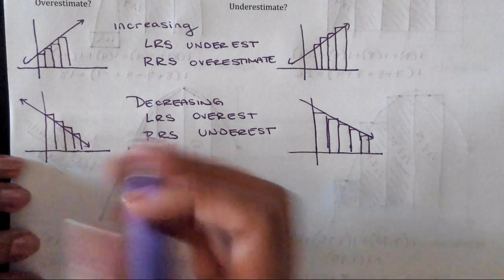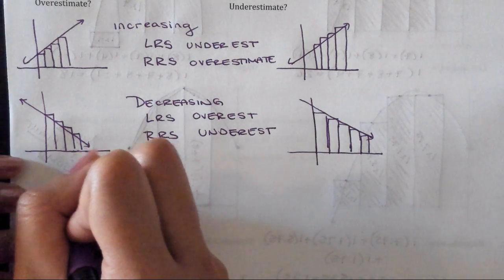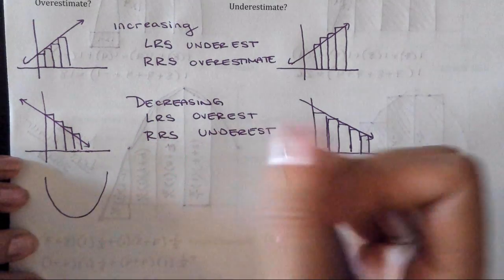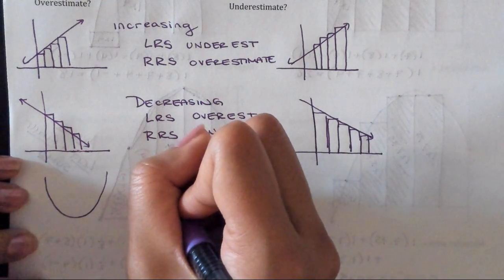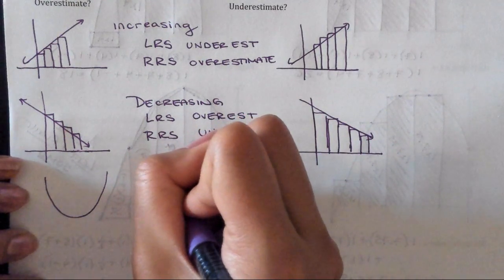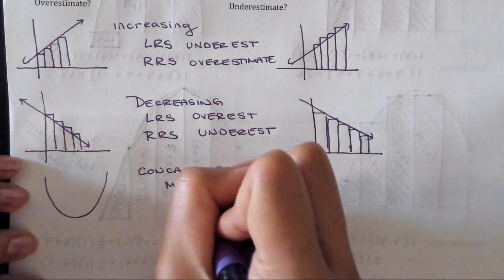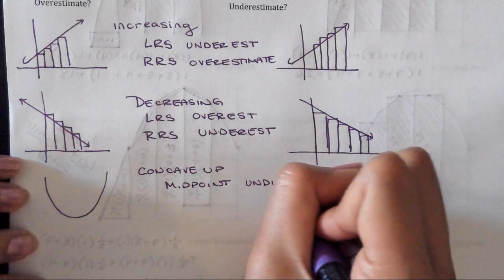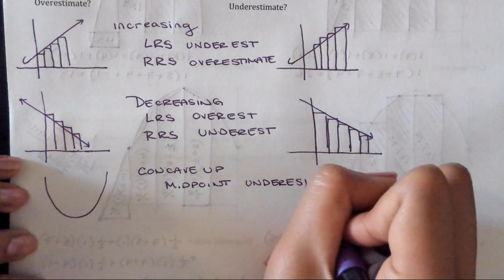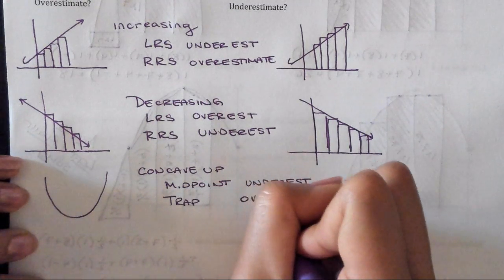And then there's two more, concave up and concave down. For concave up and concave down, midpoint will underestimate and trapezoid will overestimate.